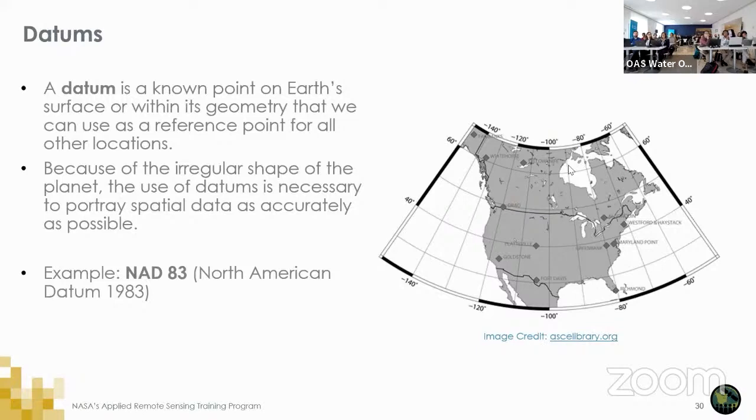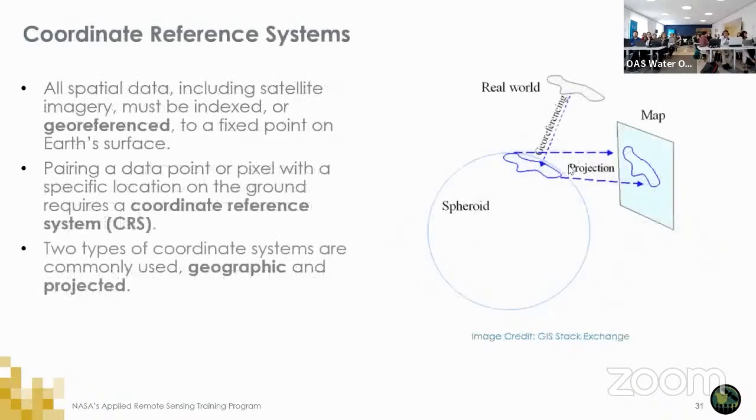But there are many different datums. This is the NAD 83 datum. They created this back in 1983. I think the Geological Survey is about to update this, this year or next year, with a new datum. But for a lot of people studying the United States and this part of the world, we've been using this same datum for 39 years.